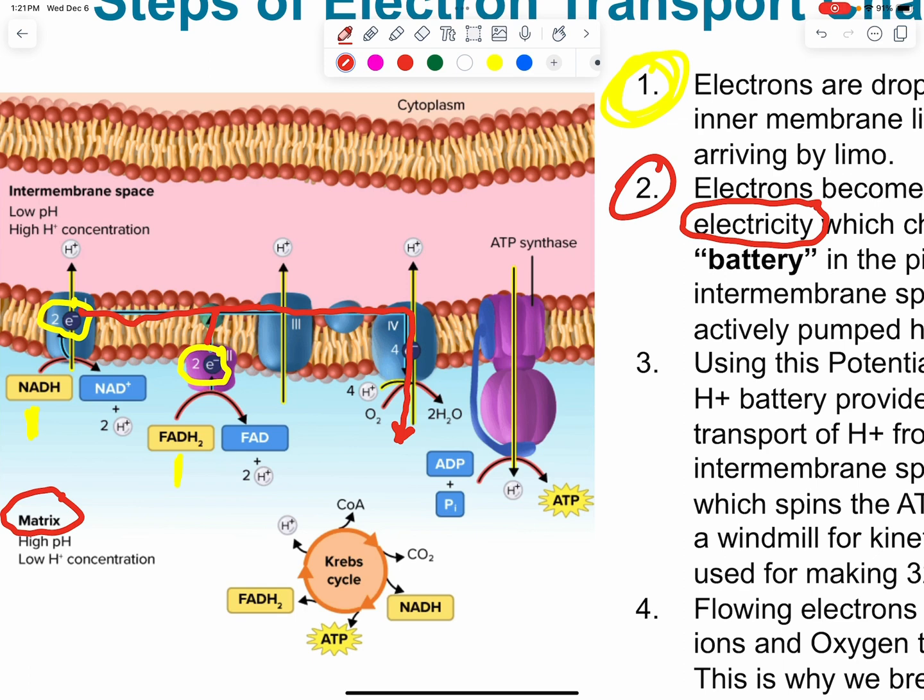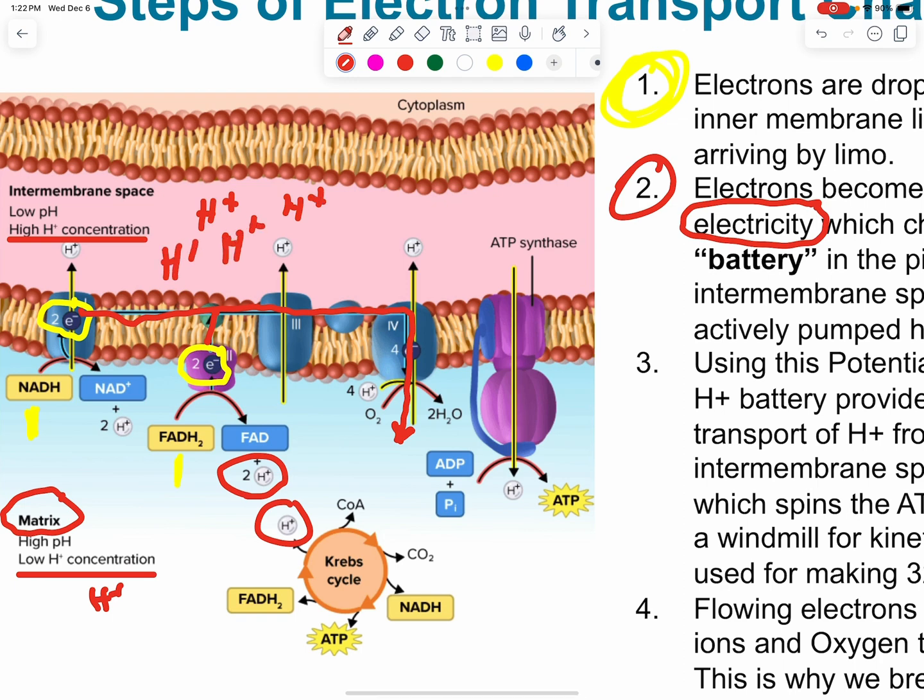Take a look at this. Down in the matrix, it says that there's a low concentration of hydrogens. So you can see a few of them sitting around. And up here in the pink space, it says high concentration. So that would mean that there are more up here. Now in nature, things would go the other way. They would go diffusion from high to low.